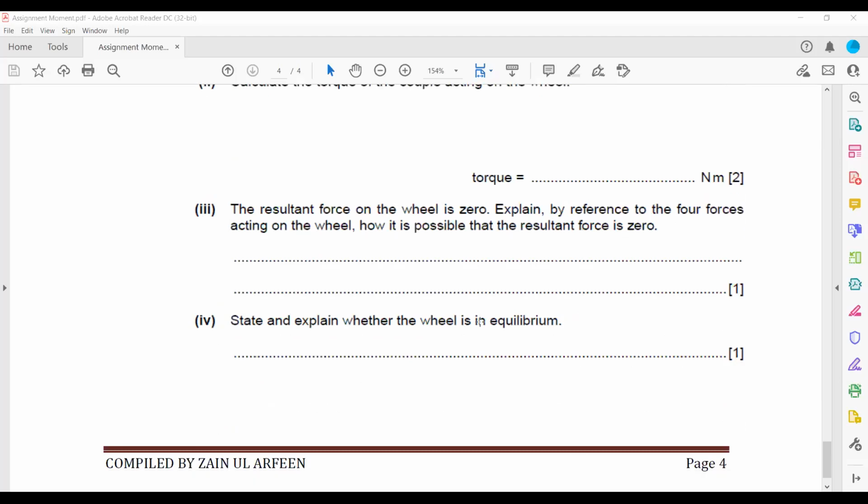So the question is, the resultant force on the wheel is 0. Explain why. The two 35 Newton forces are equal in magnitude and opposite in direction, and the weight, which is downward, balances with the normal contact force.